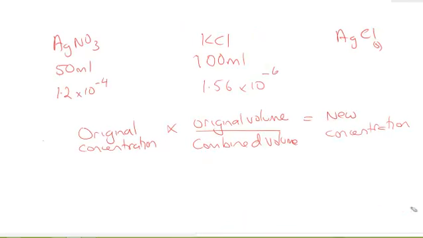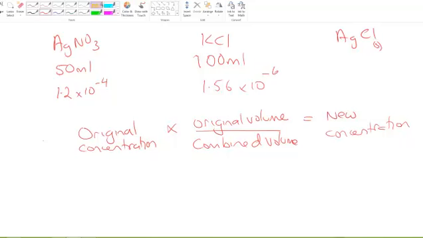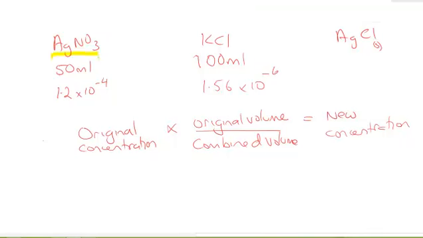Okay, now lastly, just one minor point about this, because you're not always going to be asked where the volumes may be equal. Say for instance, if you had 50 mils of silver nitrate at this concentration, that's moles per litre it should be, and you're going to combine it with 100 mils of potassium chloride of that concentration, and asked whether a precipitate of silver chloride would form.